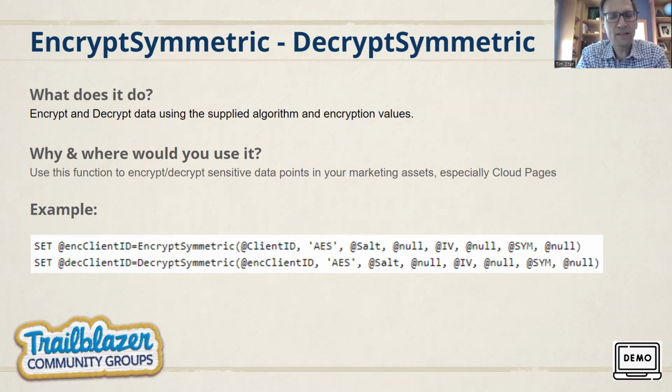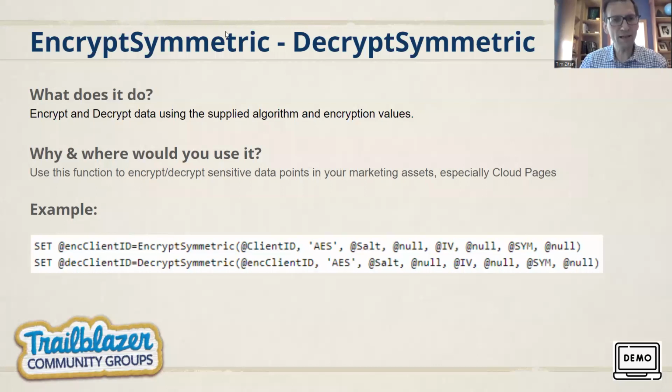So you can use encrypted variations of those data points in your solutions instead. There are two very similar examples here: you would encrypt your data point and then decrypt it so that you can actually use it in your solution.